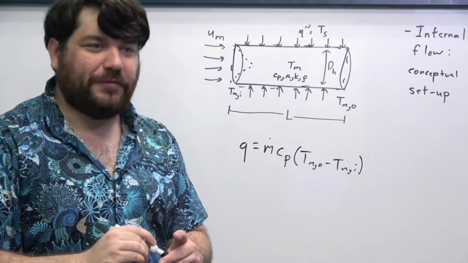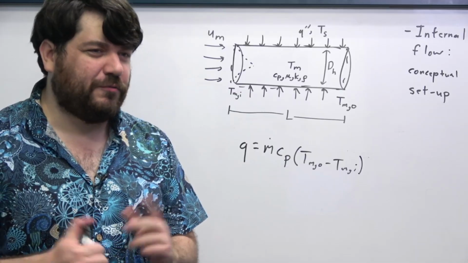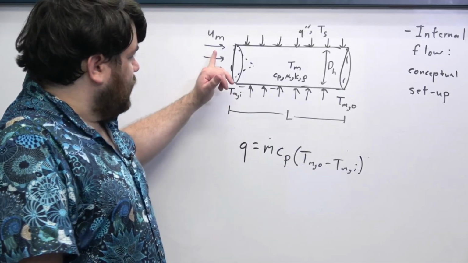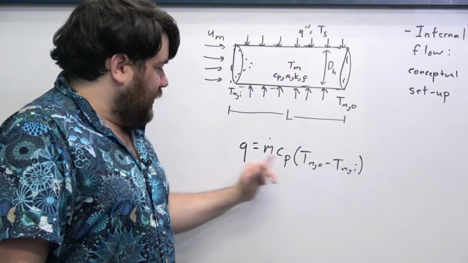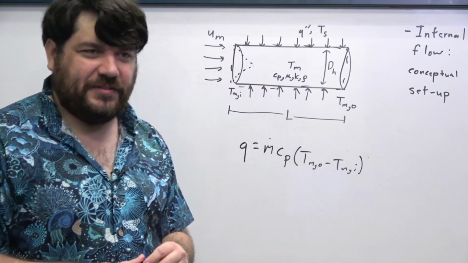So the difference in the thermal energy rate at the inlet and the outlet gives us the heat transfer rate that has to be happening off the sides.